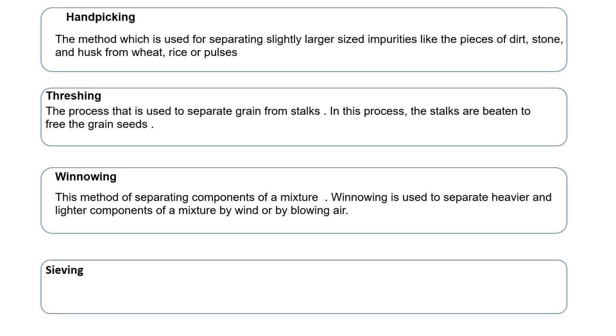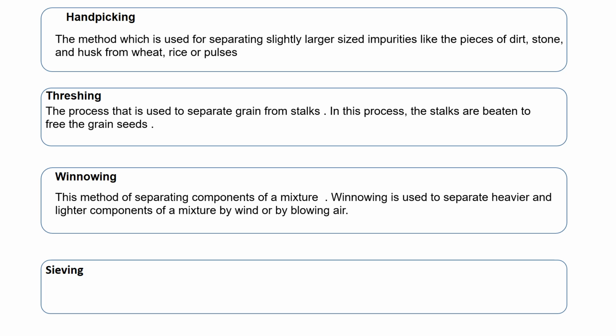This method is commonly used by farmers to separate lighter husk particles from the heavier seeds of grains. The husk particles are carried away by the wind, and the seeds of grains get separated and form a heap near the platform for winnowing. The separated husk is used for many purposes such as fodder for cattle.